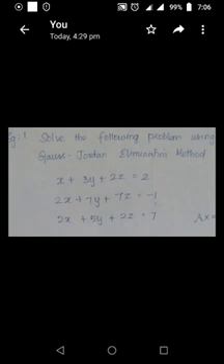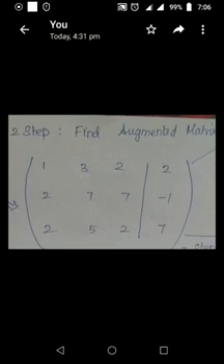So we include the B matrix with the A matrix, that is the augmented matrix (A | B). After finding the augmented matrix, the next step is to do some row operations and find the identity matrix.